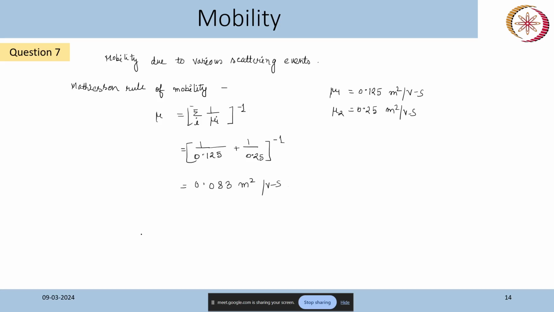So mu, mobility, is written as q tau by m, right? So maybe it is mn star or mp star, depending on whether it is electron mobility. So this tau is the mean free time. So the smallest mean free time will give the smallest mobility, and that will actually dominate the total mobility. So I'll write this statement here also.